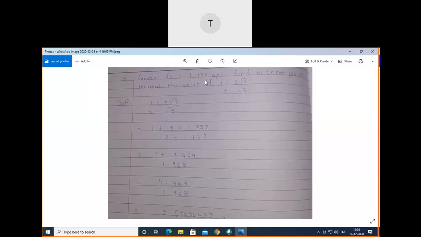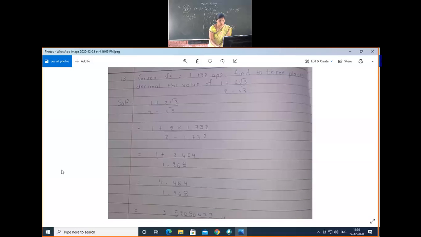See, in your textbook, one sentence is clearly given that the product or quotient of a non-zero rational number with an irrational number is irrational. Product or quotient, second statement.